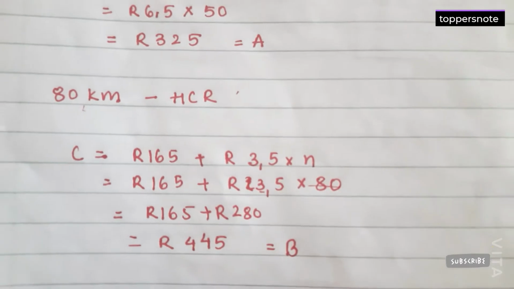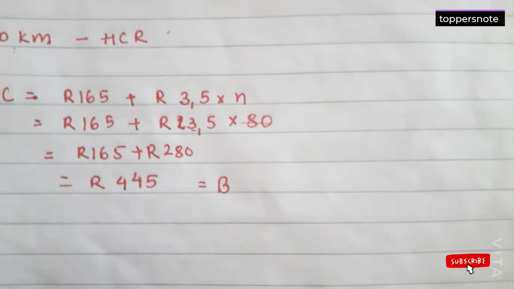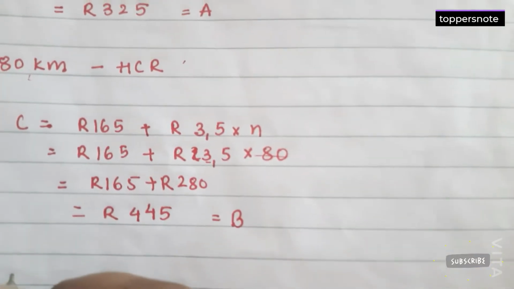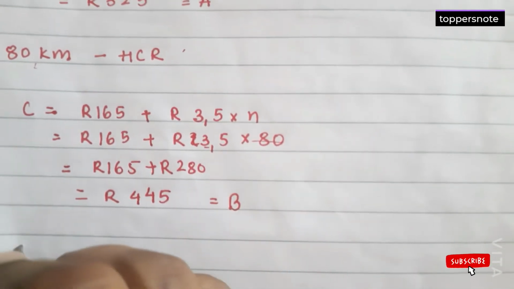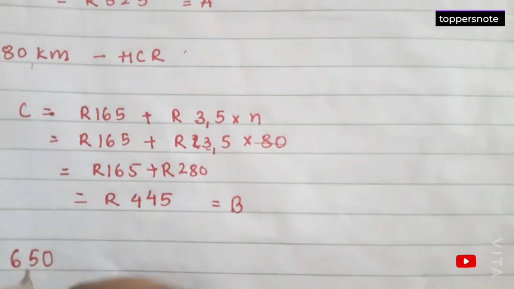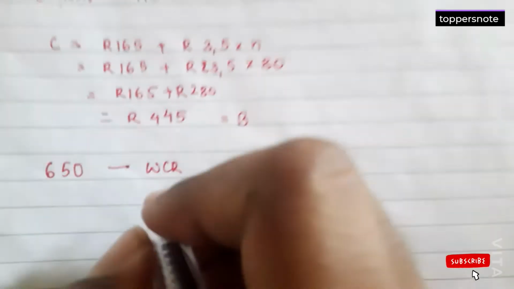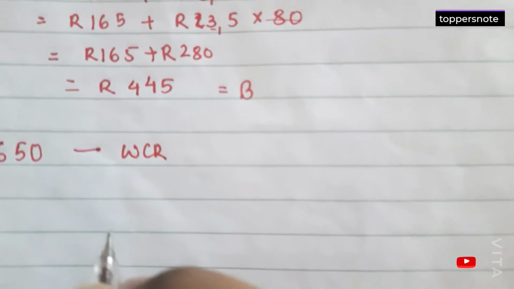Now in C, you have to find the kilometers. So given the cost in WCR, you can either find it using the WCR formula or the HCR formula.